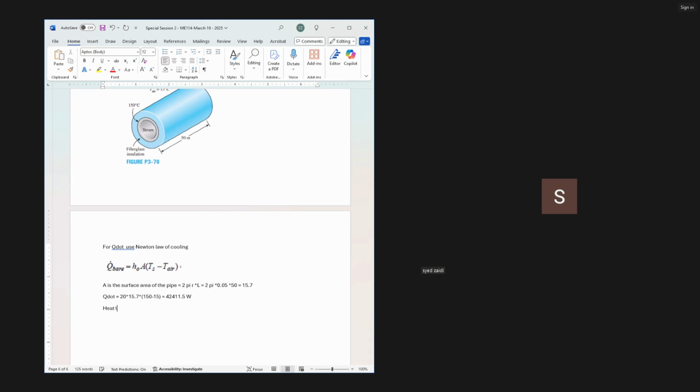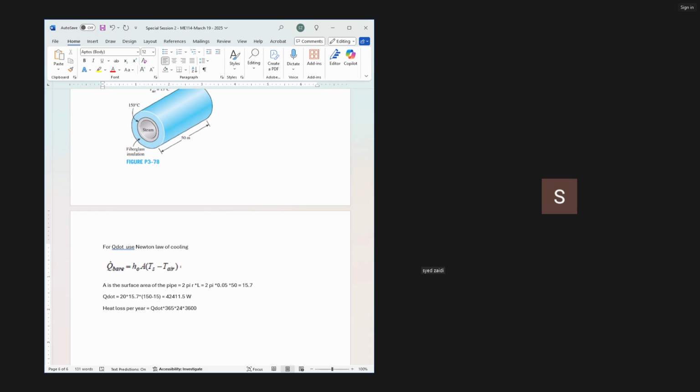Now, the next question is, what is the heat loss per year? Well, that is not difficult, really. It is Q dot, what you have, multiplied by delta T. Per year means 365 days multiplied by 24 hours, multiplied by 3600.